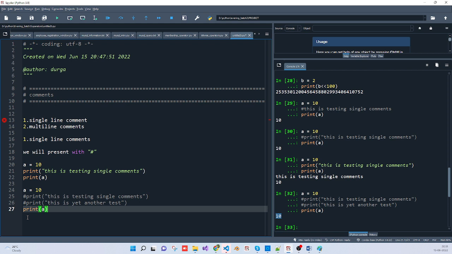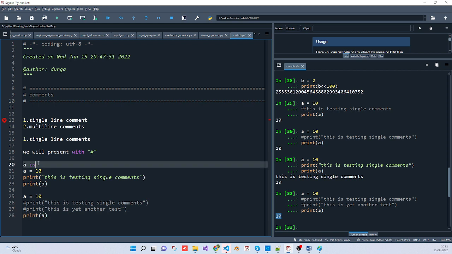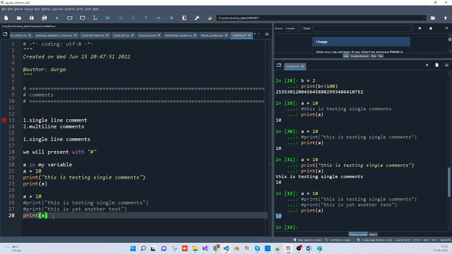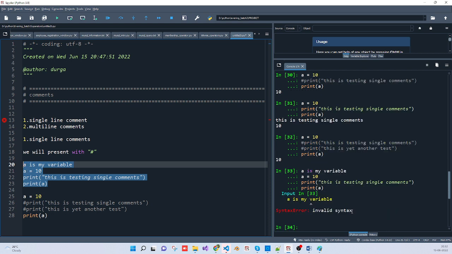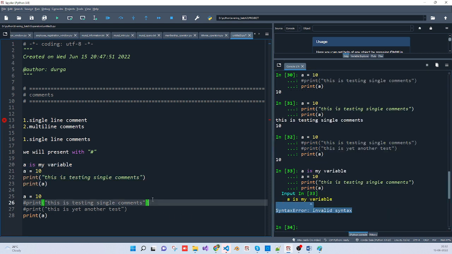If you want to write some information, you can't write directly like a is my variable, because if you compile this you will get an error. But if you write it as a comment, a is my variable, the other person will understand very clearly.